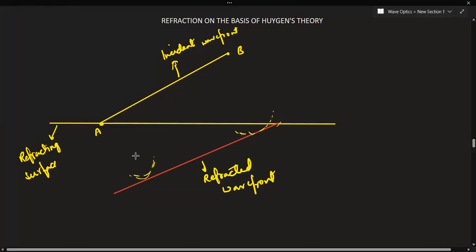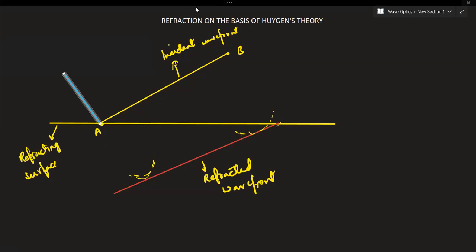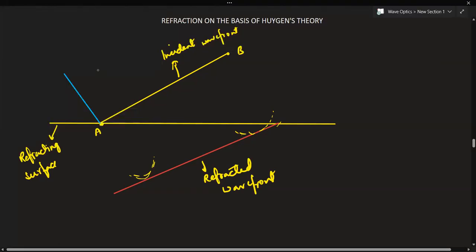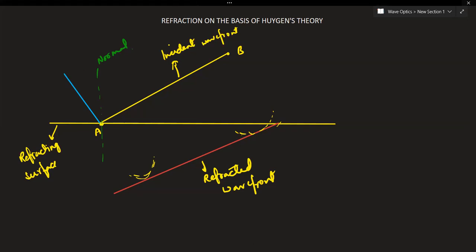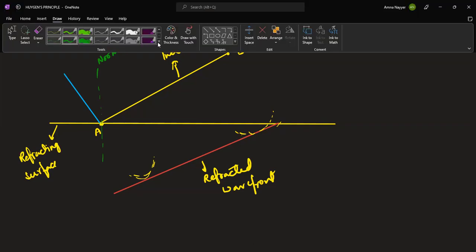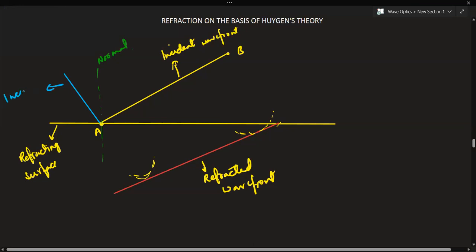Now, since this will also be perpendicular to the incident wavefront, we have an incident ray of light, and again we'll have a normal. This blue line is the incident ray, not the wavefront. This is the general incident ray of light that you have studied, and this is the refracting surface. So this light should go down. It should bend, it should refract instead of getting reflected.